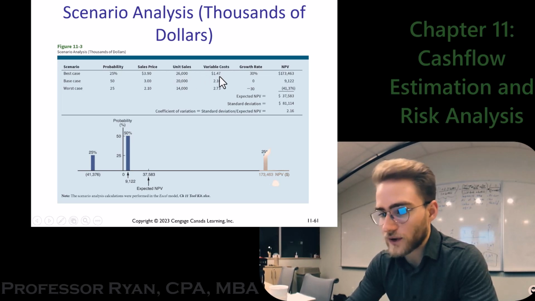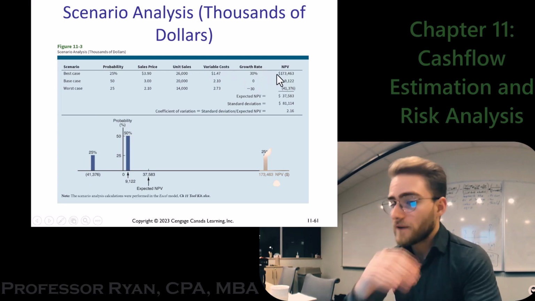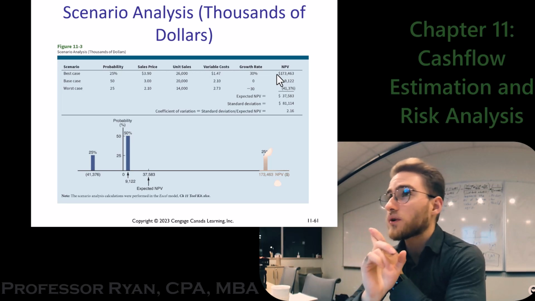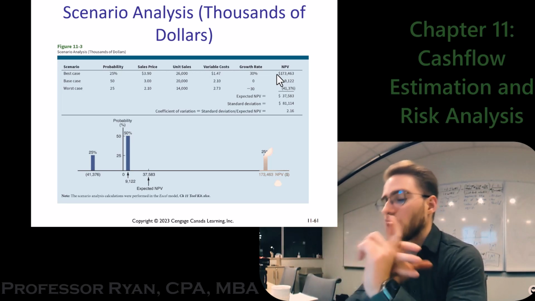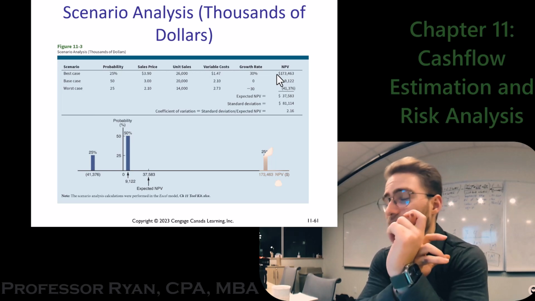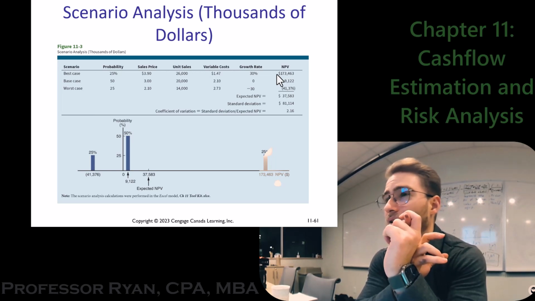Our variable costs are 30% below average. And our growth rate is 30%. So if all of these went right, if my sales price went up by 30%, my units were 30% higher than I expected, my costs were 30% lower than I expected, I would have a total net present value of this project of $173 million.